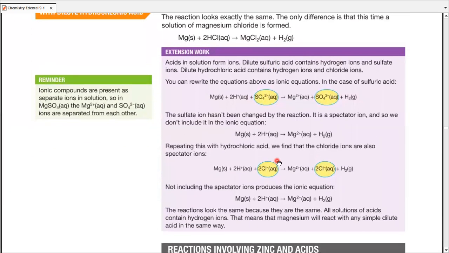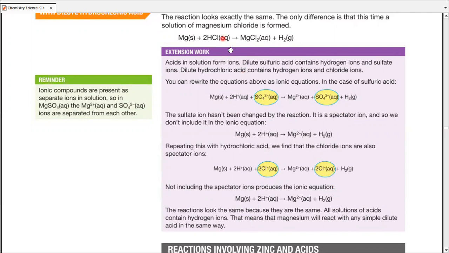Now, if we talk about these equations to be written as ionic equations, which is actually a part of extension work and a very common question in past papers, then let me tell you that all the negative ions in this equation specifically are spectator ions.